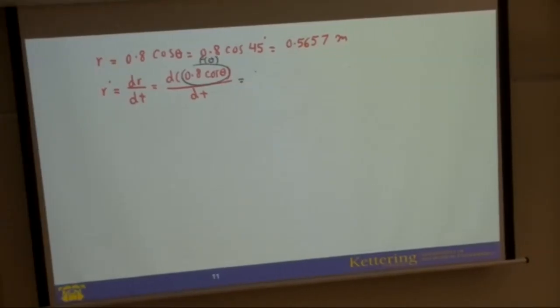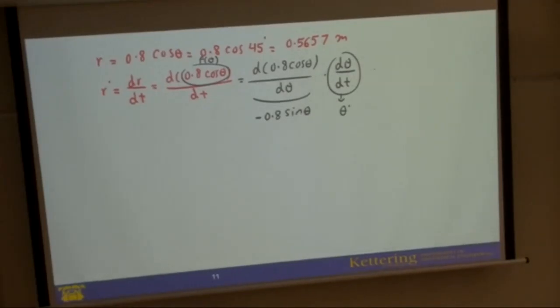We write it as the derivative of 0.8 cosine theta with respect to theta multiplied by the derivative of theta with respect to time. Then this will be minus 0.8 sine theta, theta dot.